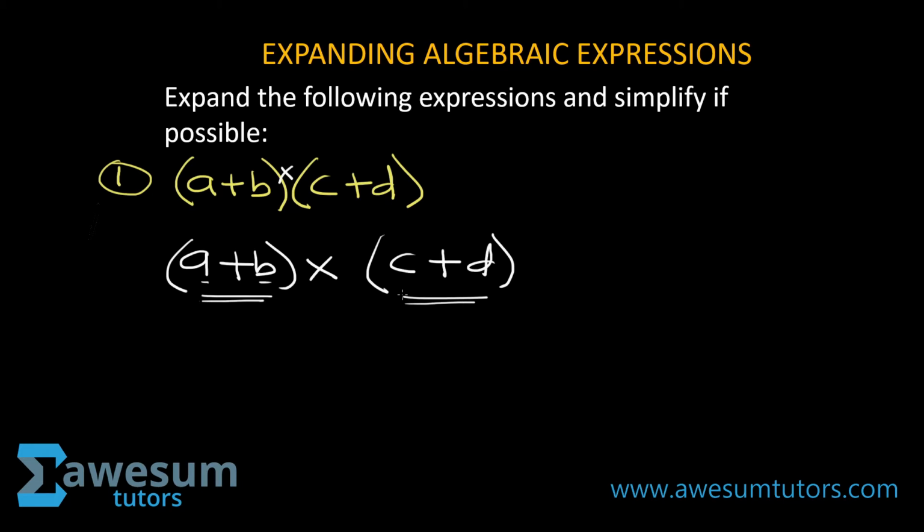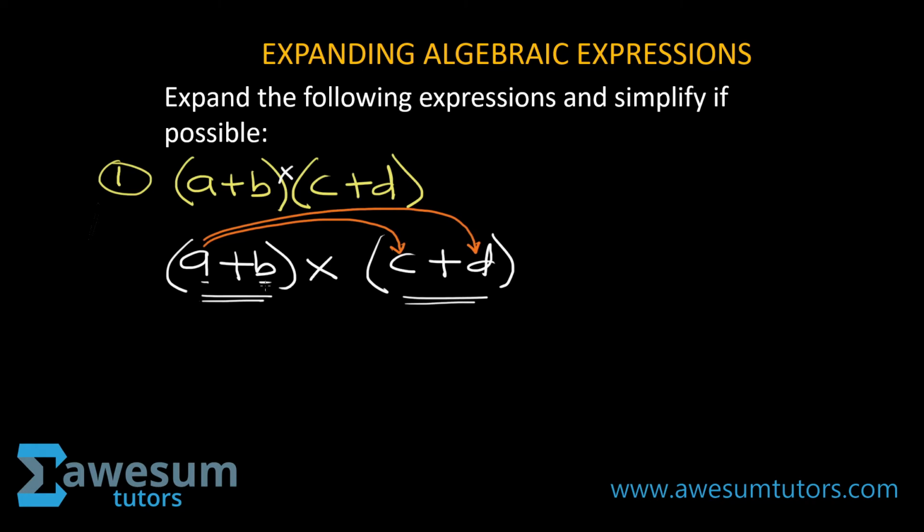So what do we mean right here? This is the first term right here, a. So this a is going to multiply c, and also is going to multiply this right here, d.